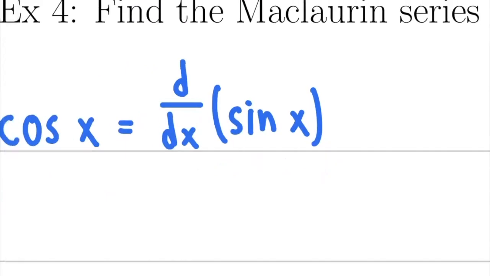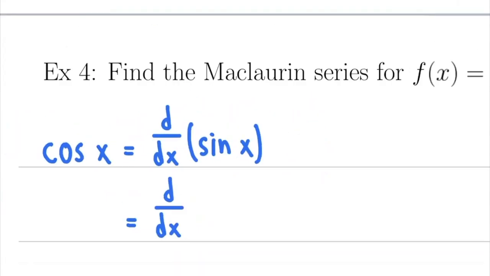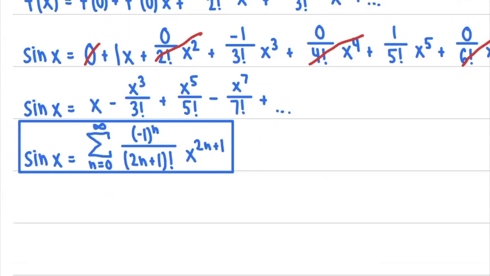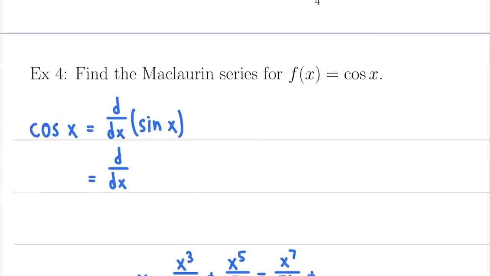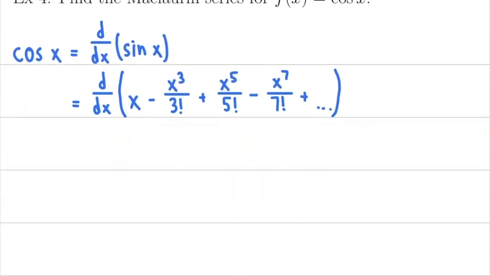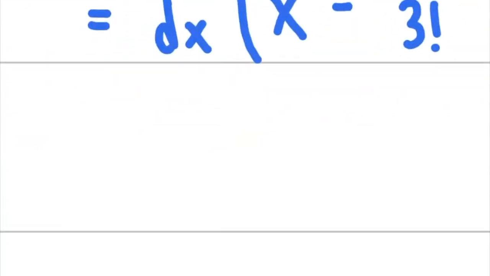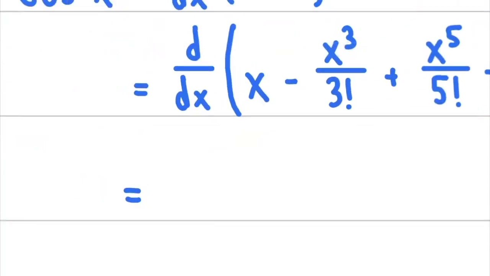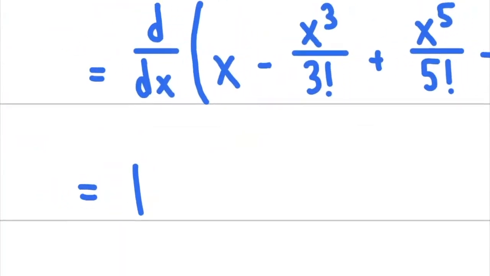So this is gonna be the derivative of this whole thing right here. All right, so now we just need to differentiate. Since we have a polynomial, an infinitely long polynomial, we just have to take the derivative term by term. So the derivative of x using the power rule is just 1.